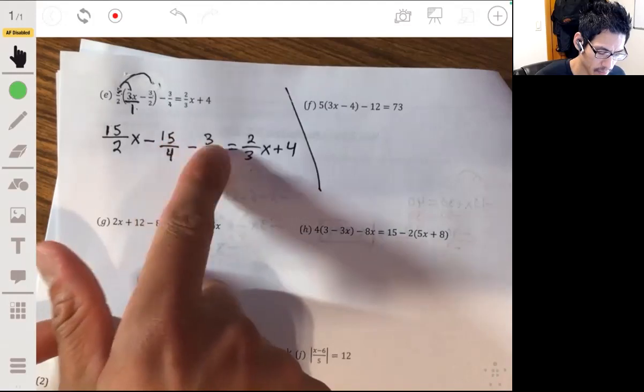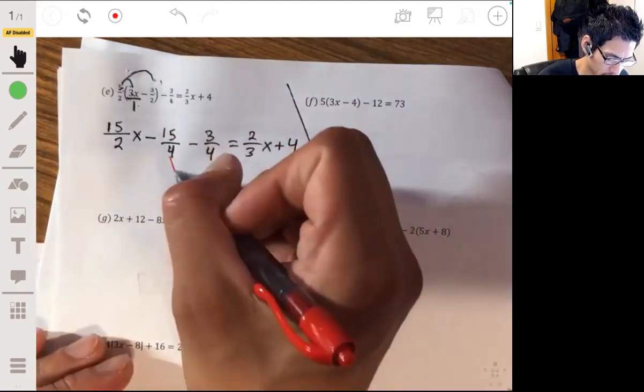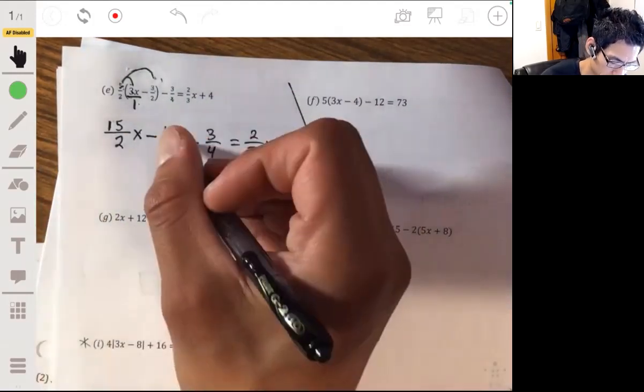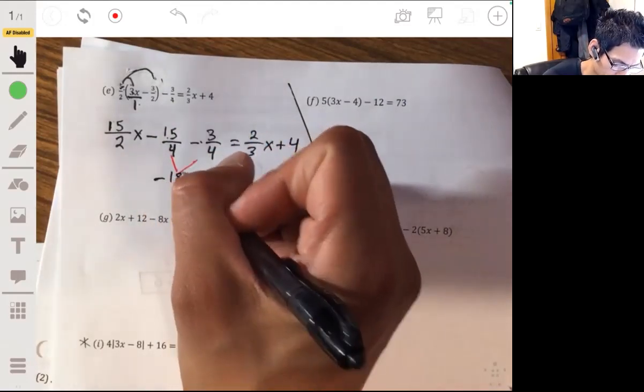Now, combine these because they both have the same denominator. So this will be -18/4.